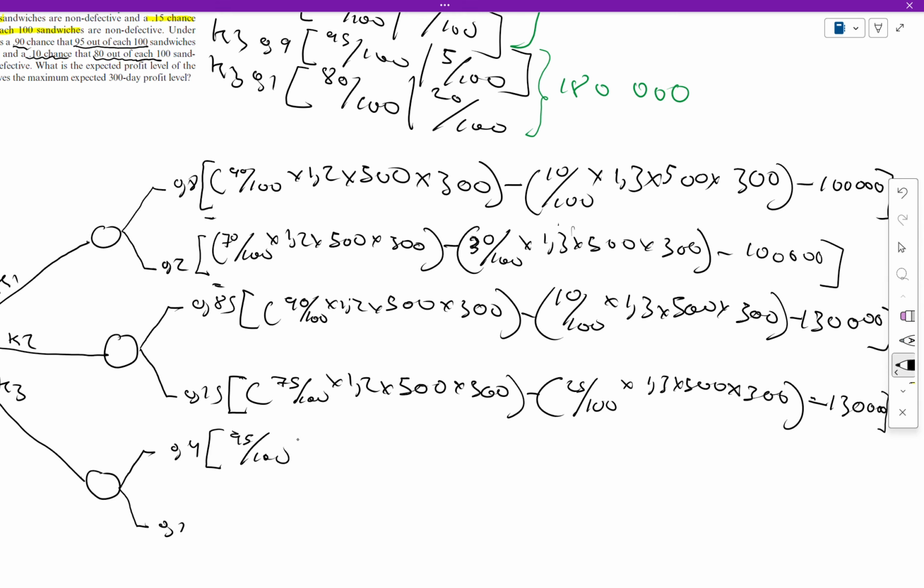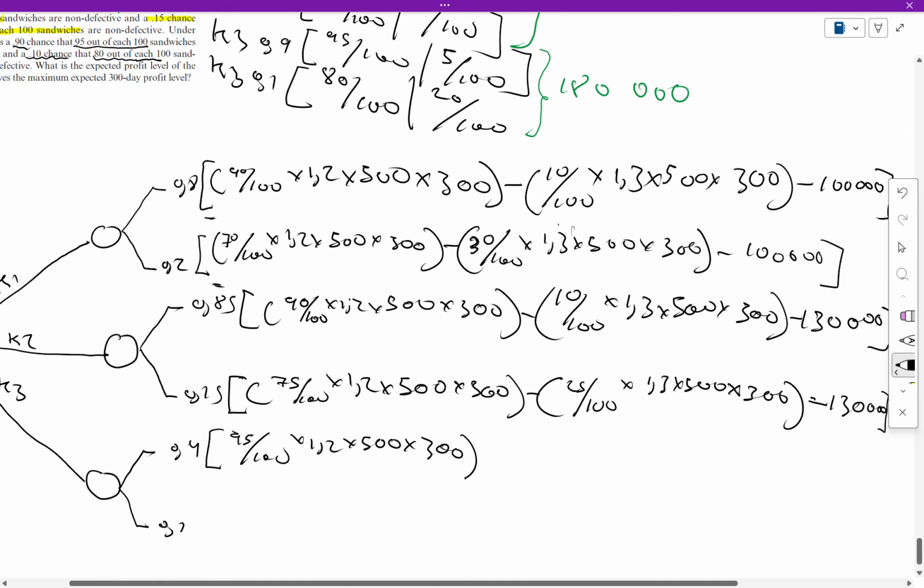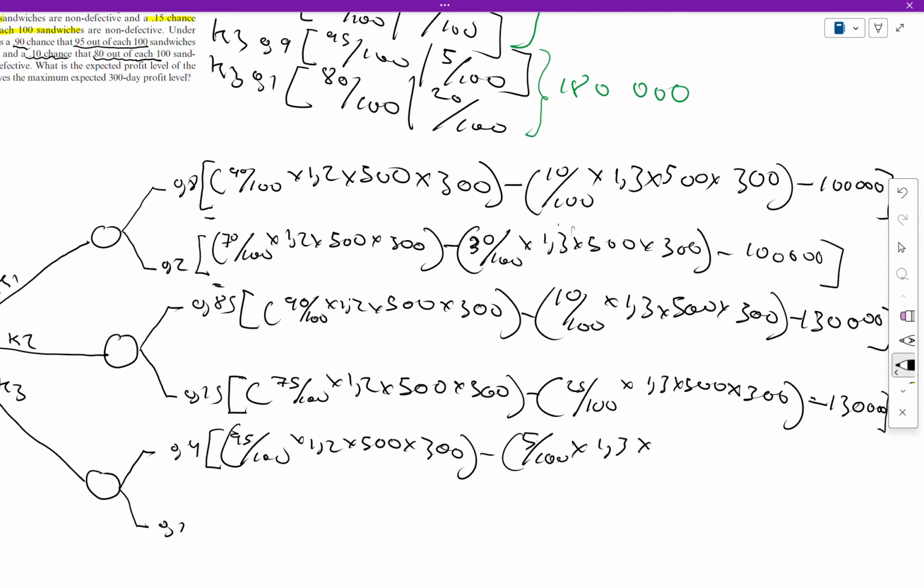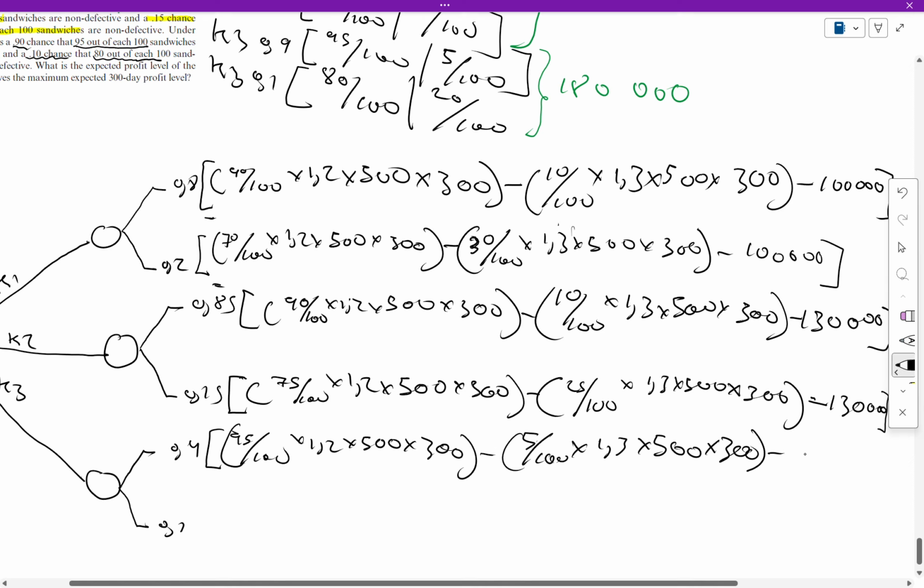95 over 100 multiplied by 1.2 multiplied by 500 multiplied by 300, close bracket, and bracket this side, minus 5 over 100 multiplied by 1.3 multiplied by 500 multiplied by 300, close bracket, minus 180,000.